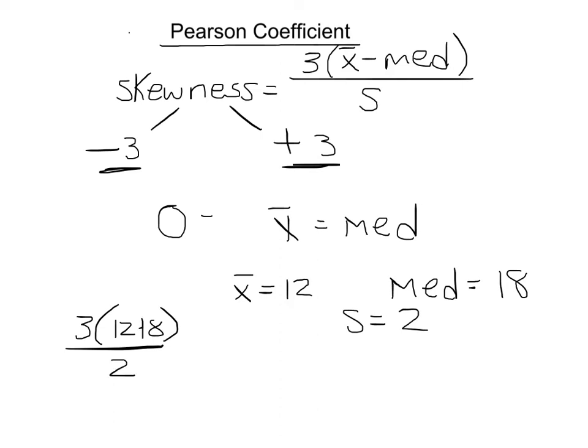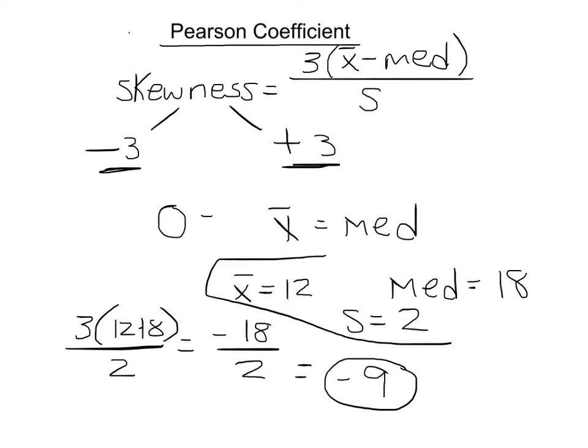This is going to give me a Pearson coefficient that is way, way, way off the charts. Well, since my Pearson coefficient is way off the charts, this tells me that this data, not only is it skewed, it's very, very heavily skewed to the left-hand side.